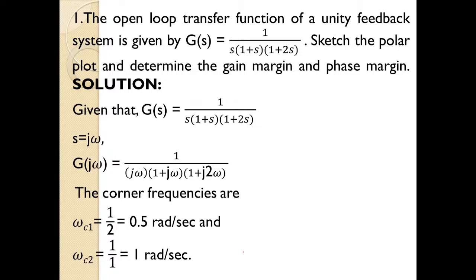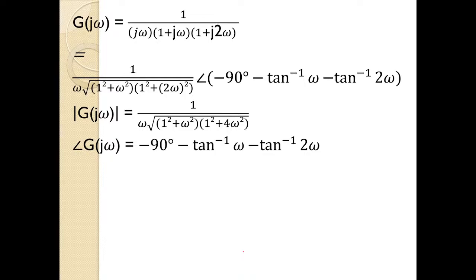Okay then. Now, what is the sinusoidal transfer function that we have? Just write down the magnitudes. Magnitude of j omega is omega. Magnitude of 1 plus j omega is root of 1 square plus omega square, and magnitude of 1 plus j2 omega is square root of 1 square plus 2 omega square.